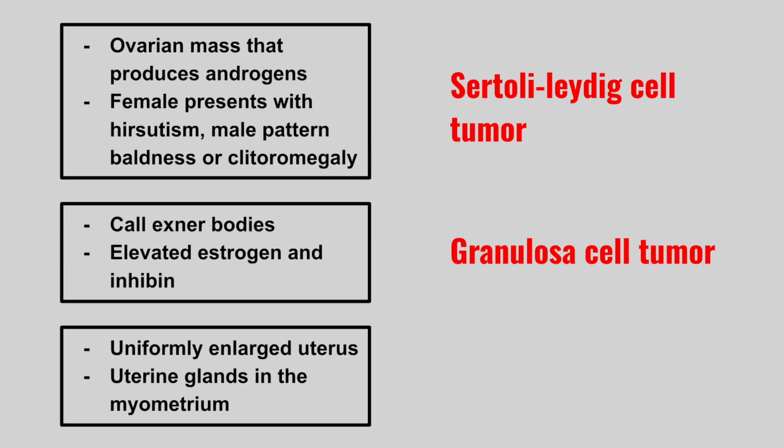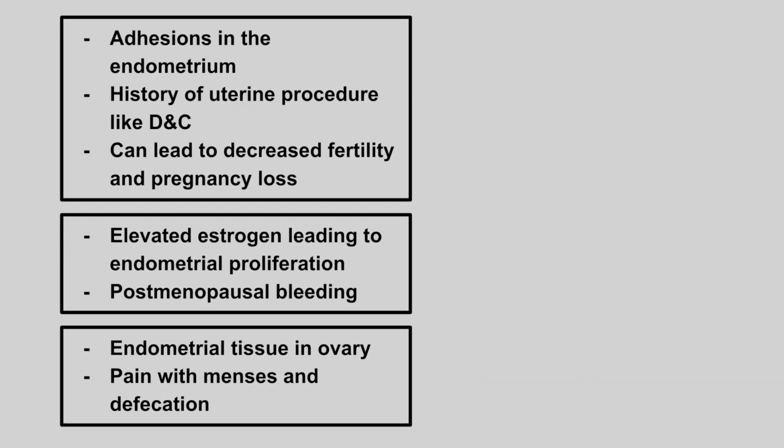Next, we have a uniformly enlarged uterus and uterine glands in the myometrium. So this is adenomyosis. Next, we have adhesions in the endometrium. The patient might have a history of a uterine procedure like a dilatation and curettage and can lead to decreased fertility and pregnancy loss.